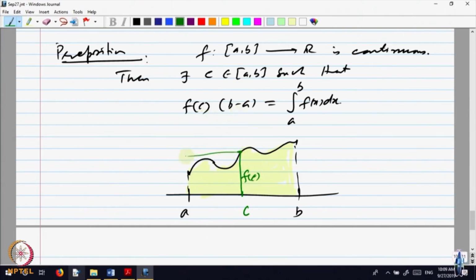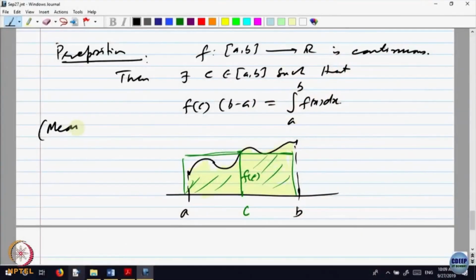The area of that rectangle is the same as the area below the graph of the function. So there is a point C in the interval AB such that the area of the rectangle with that height is equal to the integral of the function.